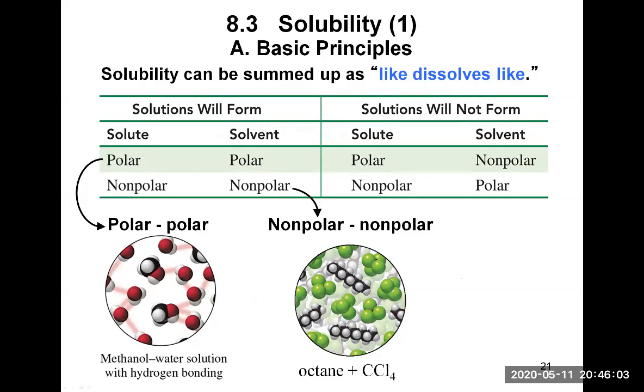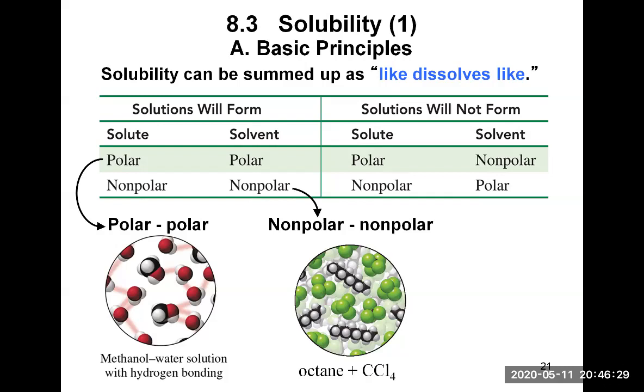For example, a polar solute will be soluble in a polar solvent. If both solute and solvent are polar, then they are soluble. Or if both are non-polar, solute and solvent, then they will also be soluble together because they are alike.